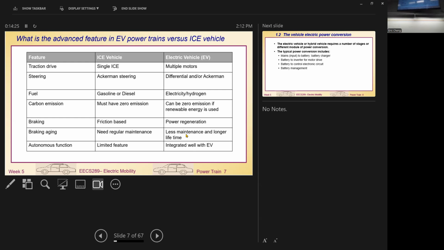For steering, ICE vehicles usually use the so-called Ackerman steering. That means the conventional one you are using for your car is called Ackerman steering. When you steer, the wheels will have an angle, right? Some people call it angle steering, but actually we call it Ackerman steering. When you want to turn, these two angles are not exactly equal to each other, because the interior and outer wheels have different turning radii.